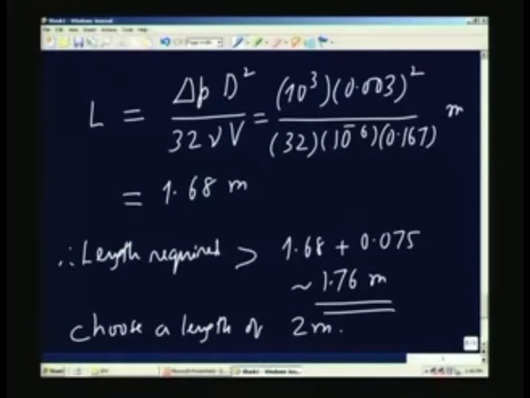This method, tube flow, is also possible in the case of gases. In the case of gases, I cannot collect the gas as we have done in this particular case, even though collection of gas is also possible. We will not go into the details of that. We can use a rotameter and measure the volumetric flow rate, so the velocity of the flow is available.